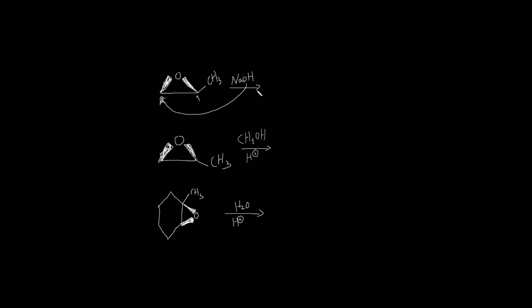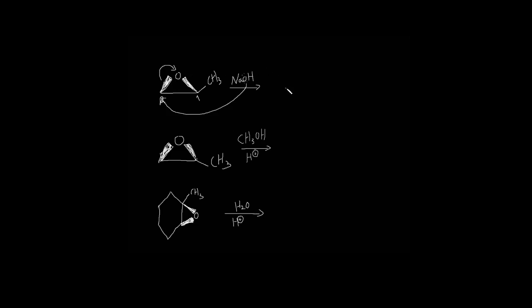Now, you may already know this. So what's new? The stereochemistry. What you should know is that it attacks from the back side. So our product is going to be like this: if it attacks here, this bond is going to give the electrons to the oxygen.